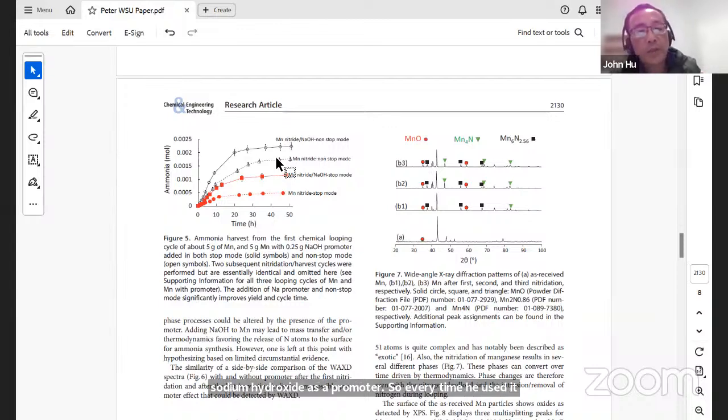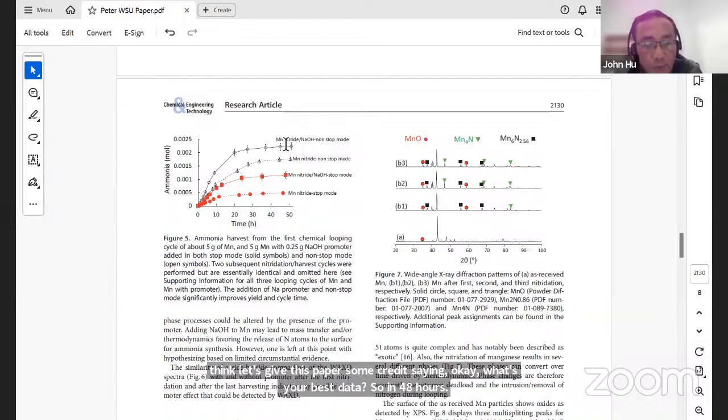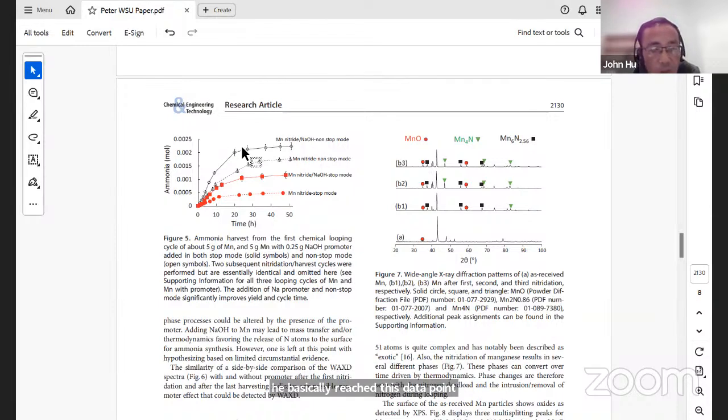Let's give this paper some credit and ask what its best data is. In 40 hours he basically reached this data point. How much is it? It's about 50 hours, and about 0.0025 mole of ammonia.